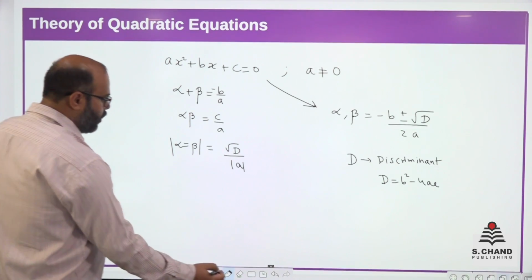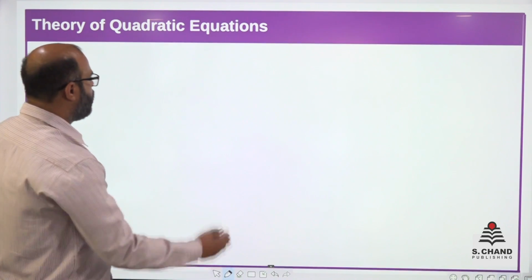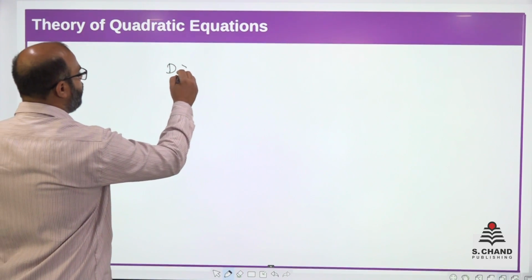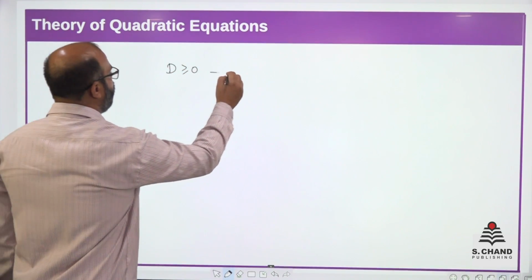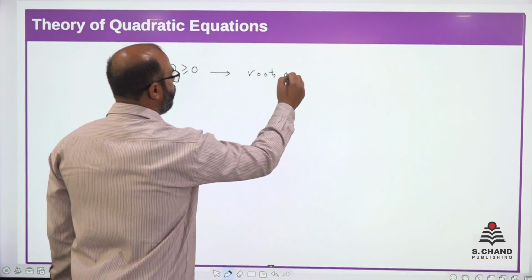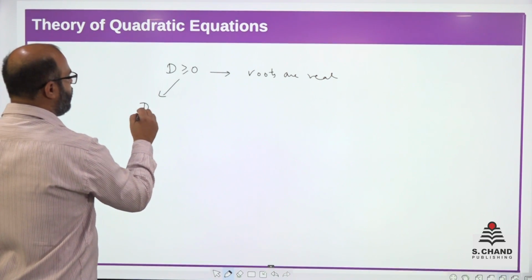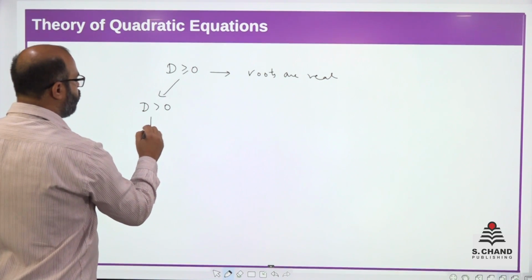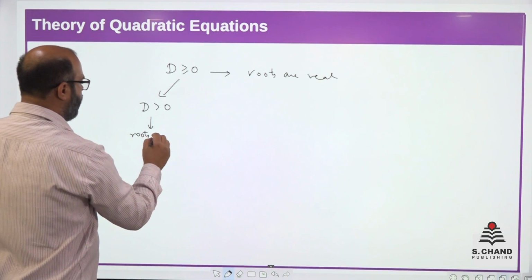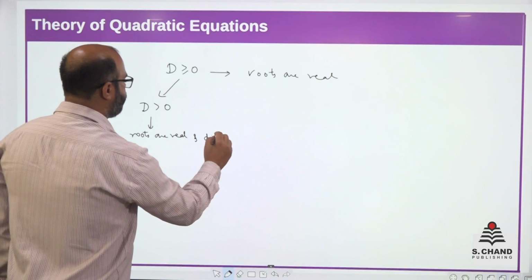So if you talk about the nature of roots, alpha and beta are the roots. If the discriminant is greater than or equal to 0, we say that the roots are real. And here again, if the discriminant is strictly greater than 0, we say the roots are real and distinct.